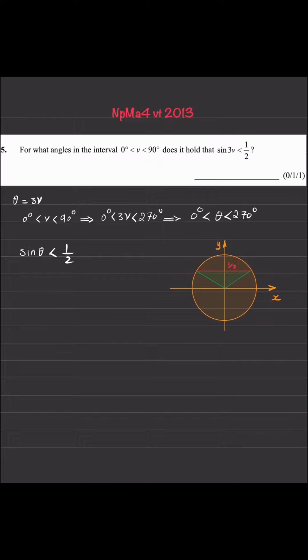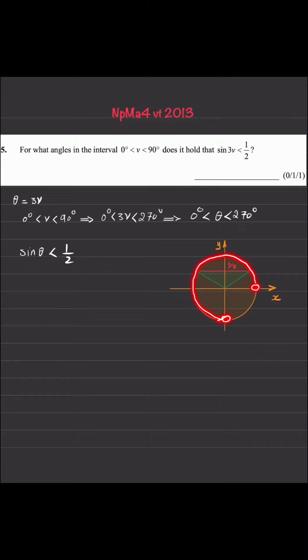Okay, but let us for the time being ignore this condition. What does this condition tell me? This condition tells me the angle theta starts from 0 degrees and can go at most up to 270 degrees. So this is the arc that the end point corresponding to theta can live on. Yes? Okay.